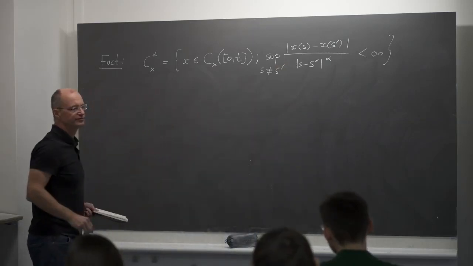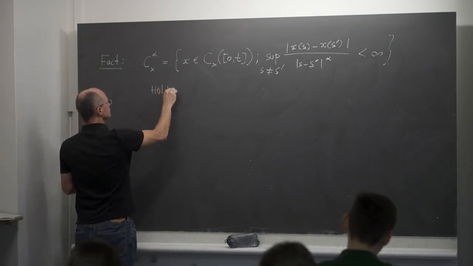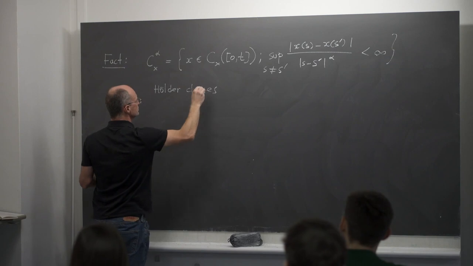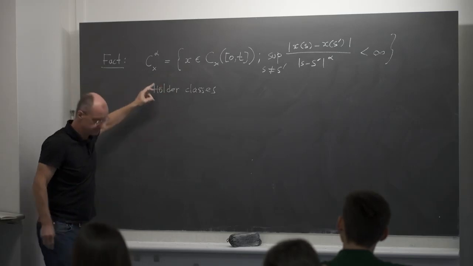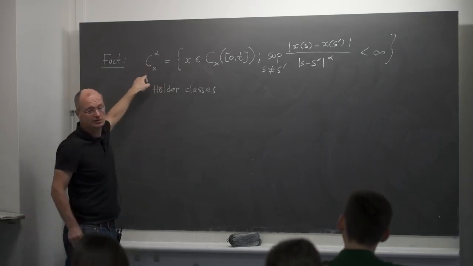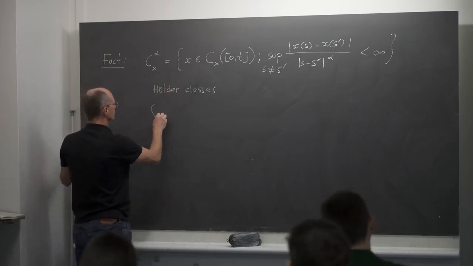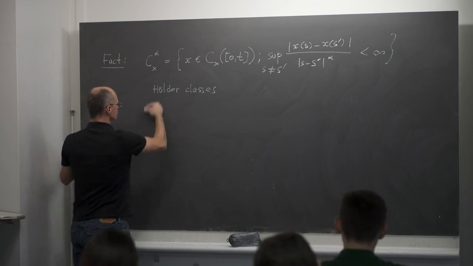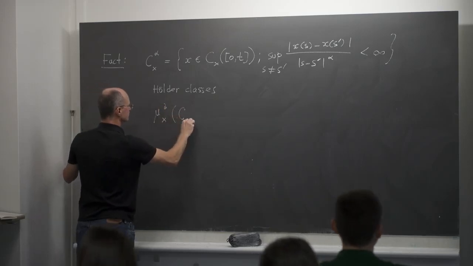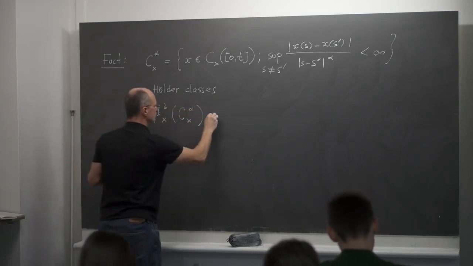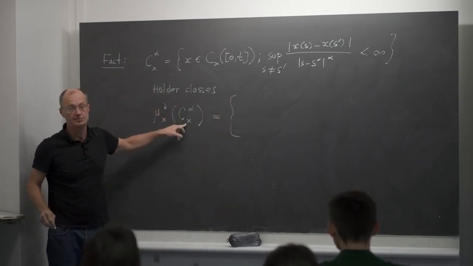Right, so we consider this Hölder type condition. So these are subsets of C_x, and we can ask what's the measure, what's the Wiener measure of those subsets.